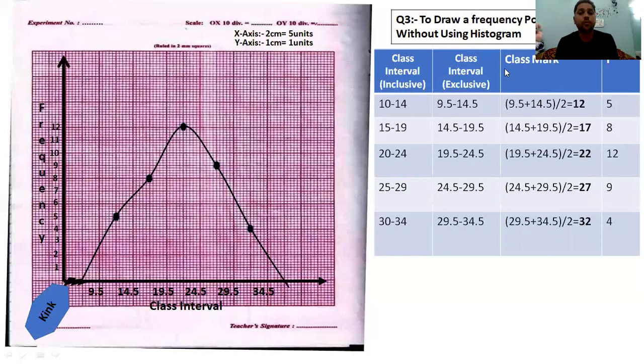But in the case of a histogram, you need not find the class mark. You just draw the histogram, find the central point of each bar, and join all the central points using straight lines. In this way, we can construct a frequency polygon using and without using a histogram. That's it for this video. Thank you so much.